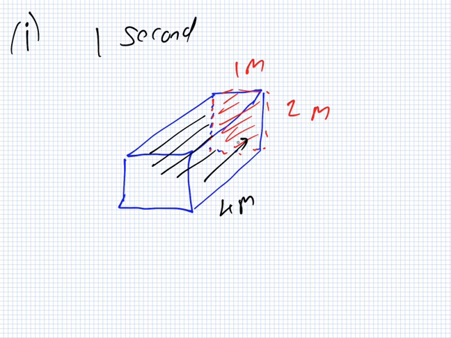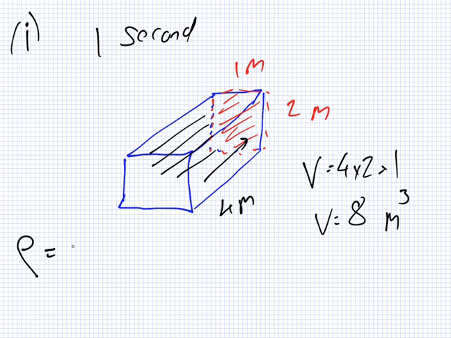Okay, next. What's the volume of this box of air? It's 4 multiplied by 2 multiplied by 1, so that is 8 meters cubed. In our first lesson we had this formula: density equals mass over volume.